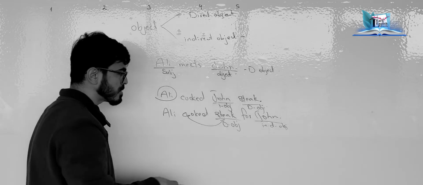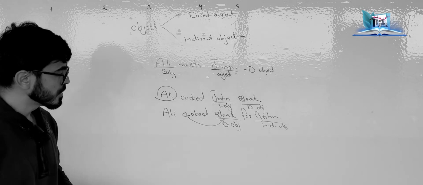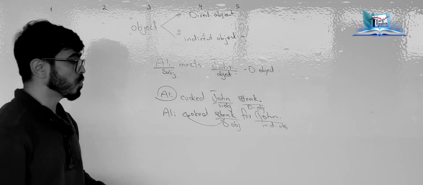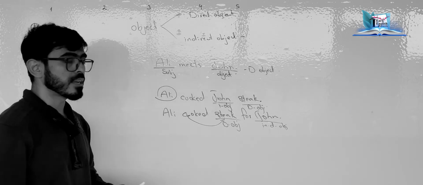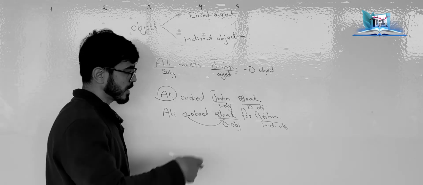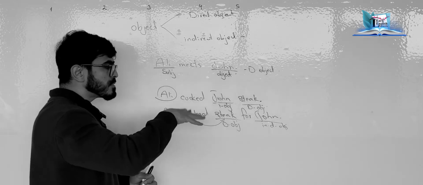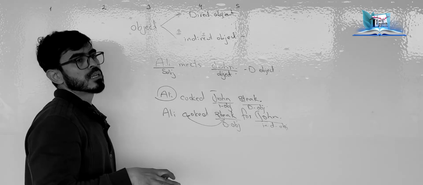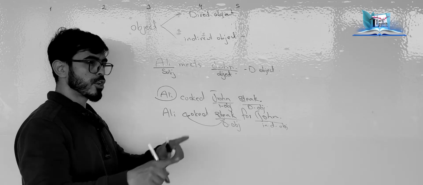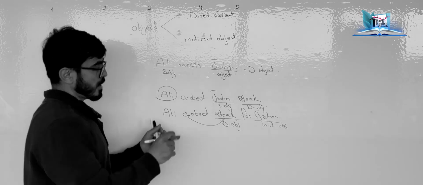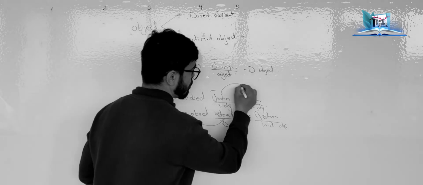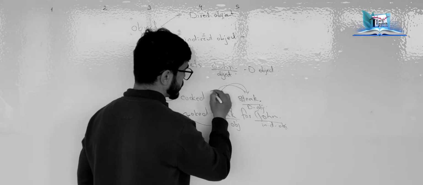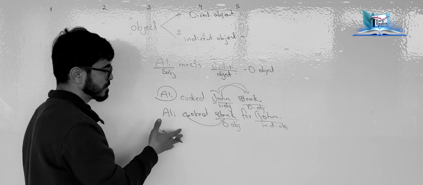So it is very simple that you have to understand. So what is an object, what is direct object, and what is indirect object. So sometimes we omit the preposition, which is to or for. So if we omit that, then we change the position of direct object and indirect object, like I did in the second one.